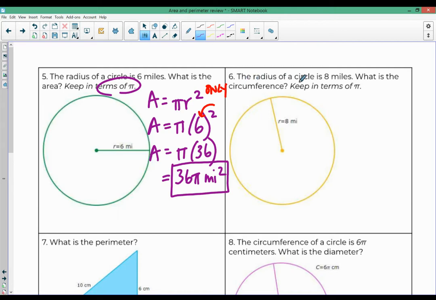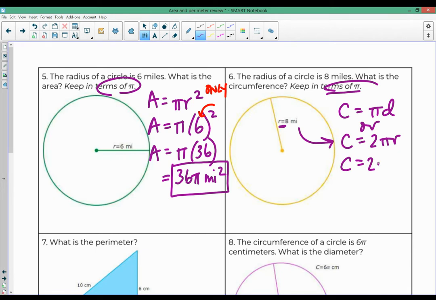All right, the radius of a circle is 8 miles. What is the circumference? Keep in terms of pi again. So the circumference can either be pi times the diameter or 2 pi r. Since we're given r in this formula, we'll use C equals 2 pi r. So C equals 2, keep pi, r is 8.